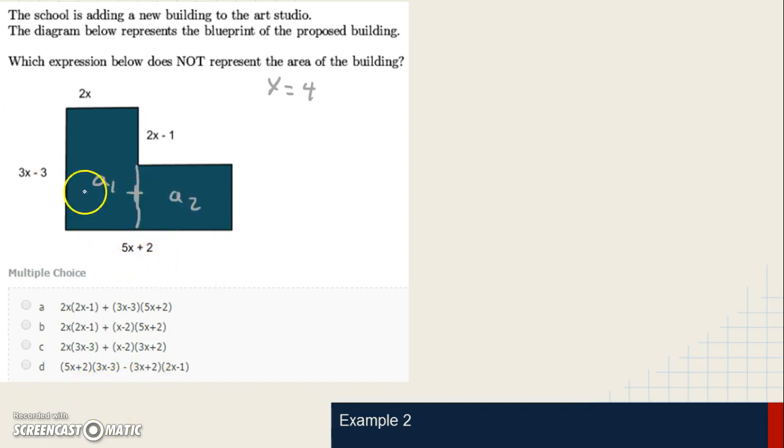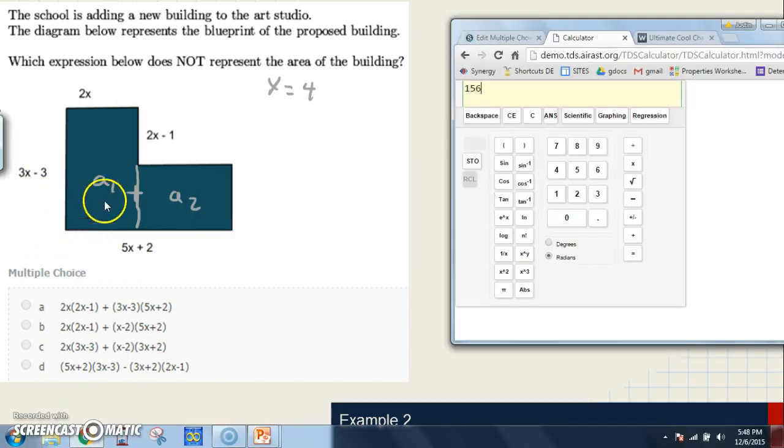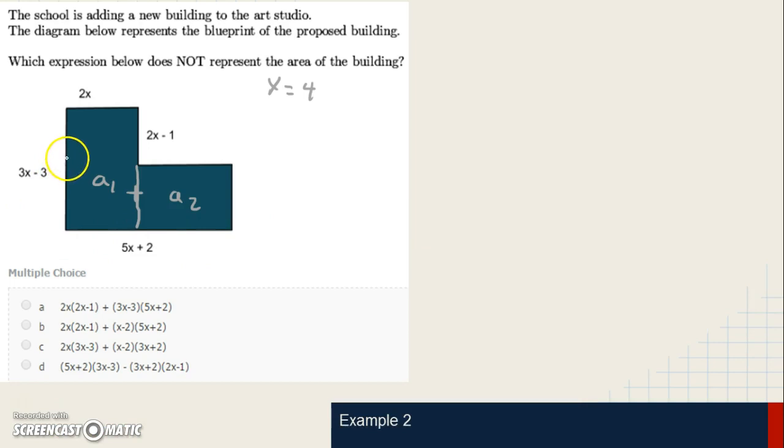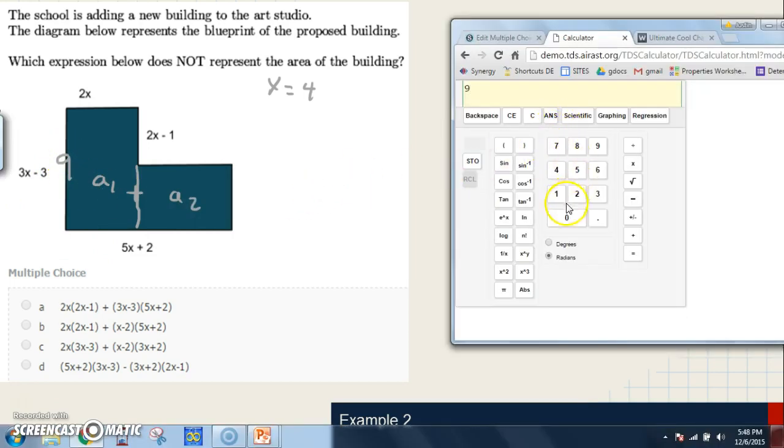The things that we know, well, we know this area right here is 3x, so 3 times 4 minus 3, that's 9, so we know that this length right here is 9. The top one, 2x, we know is going to be 2 times 4. That's not correct.